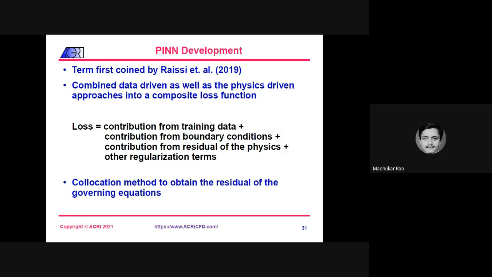So the form of Lagaris's solution by construction always satisfies the Dirichlet boundary conditions, but probably not the Neumann conditions. In Raissi's approach, both Dirichlet and Neumann conditions are satisfied via minimizing the loss term. So you will never get an exact satisfaction of the boundary condition. And they still use the collocation method.